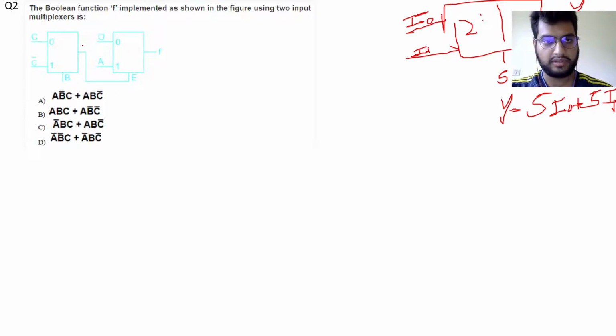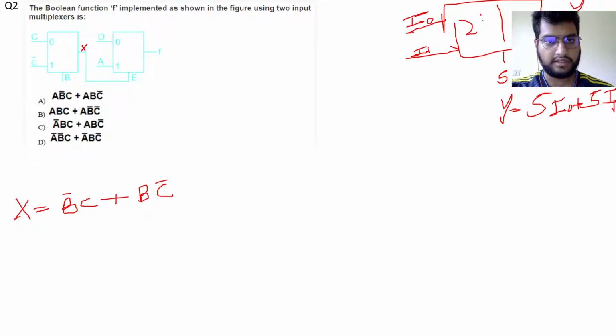If I term the output of the first mux as x, then x will simply be equal to b bar c plus b c bar.